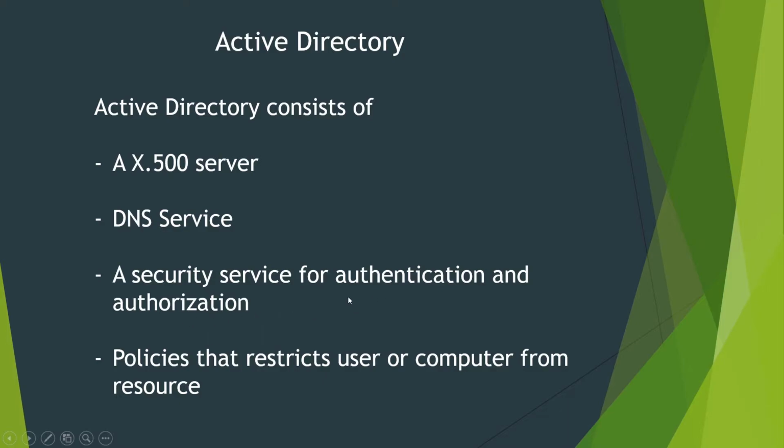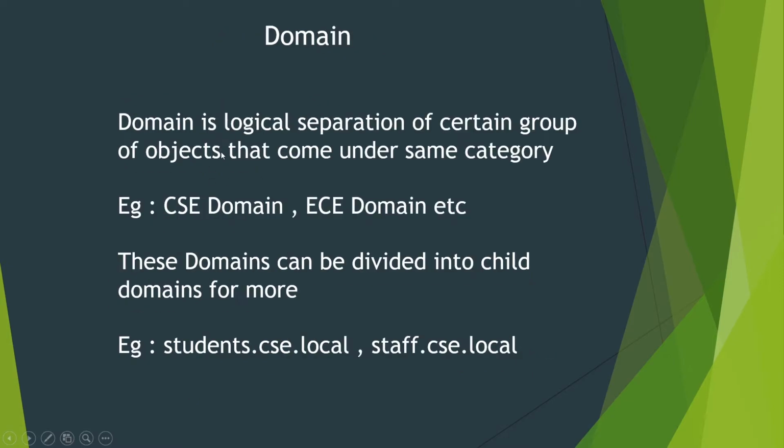Whenever we have created users on the network and anyone wants to log in as that user, there is a security service which is responsible for authentication and also authorization for the particular resources, and some policies that restrict a user or computer from a resource. So we need to set some rules so that only a certain group of users can access that resource, like a printer or something. These components basically form the Active Directory.